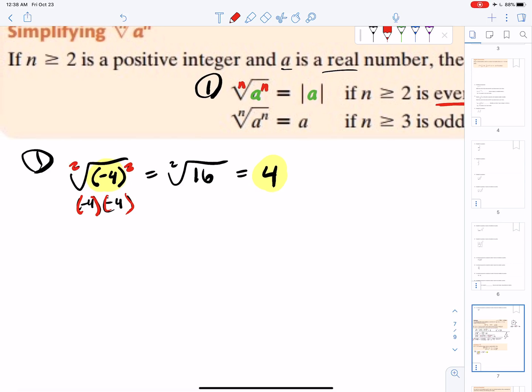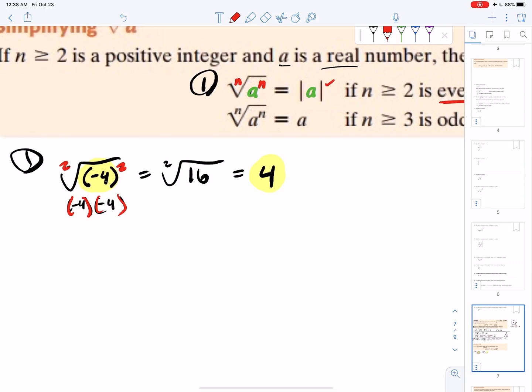In this case, the power of 2 makes the negative into a positive, which gives us a positive 4. So you didn't need to use the absolute value here, because we can see that we multiplied a negative times a negative.